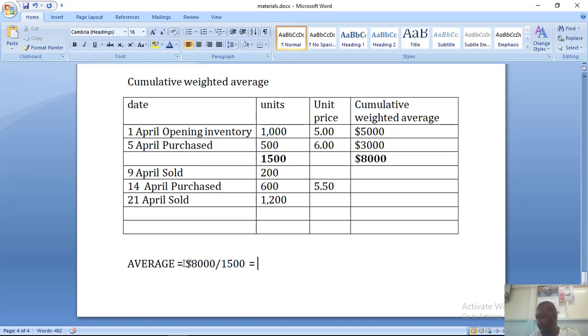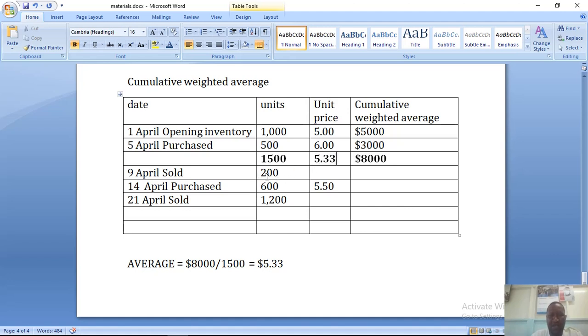This will give us $5.33. That's the average, so the unit price for the 1,500 units that we have there should be $5.33.